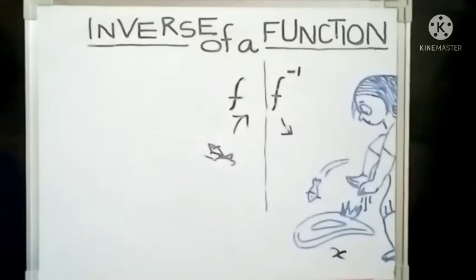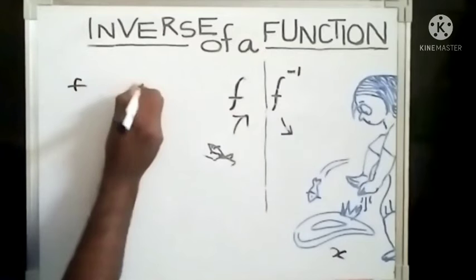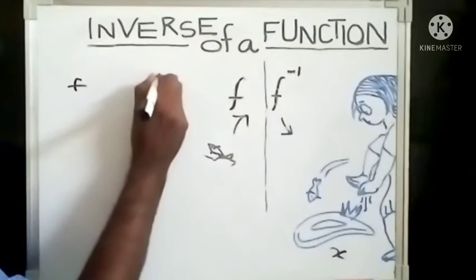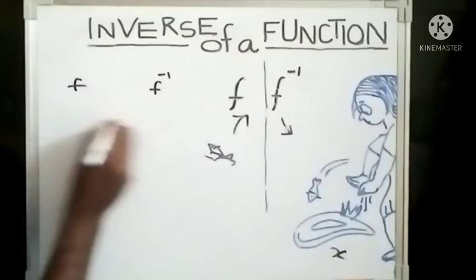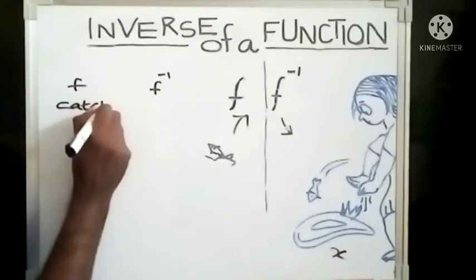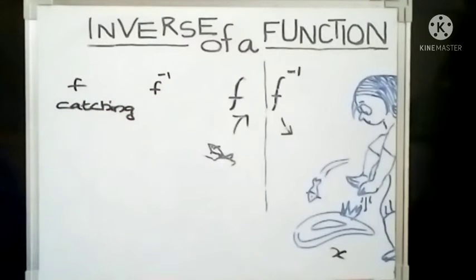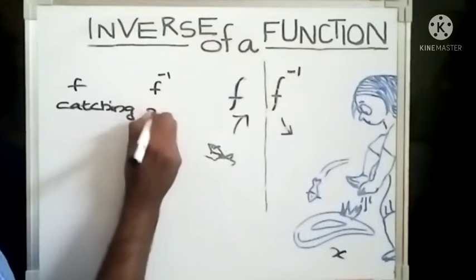Thus, if we have f and f inverse, if f is catching the fish, what is f inverse? It is a reverse activity, that is releasing the fish.